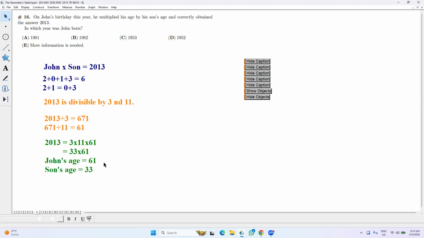So John's age is 61 and the son's age is 33. It's a sensible combination. So to find the year he was born, 2013 minus 61 is 1952.